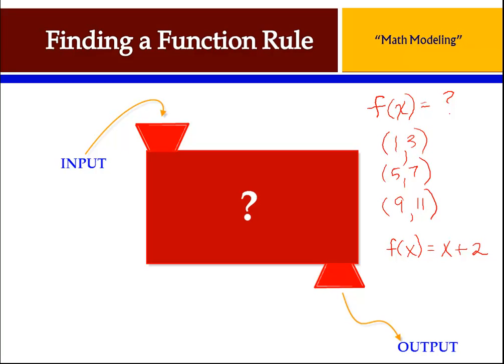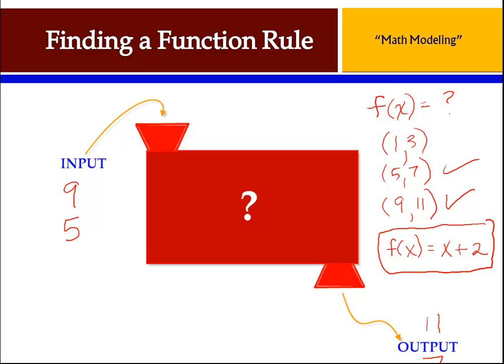Now, test the rule to see if it's valid. For example, input 9. When I input 9, if I add 2, do I get the output that's correct? 11? Yes. Input value 5. If I input the value 5, I add 2 to it, do I get the output value 7? Yes. So here is our function rule.